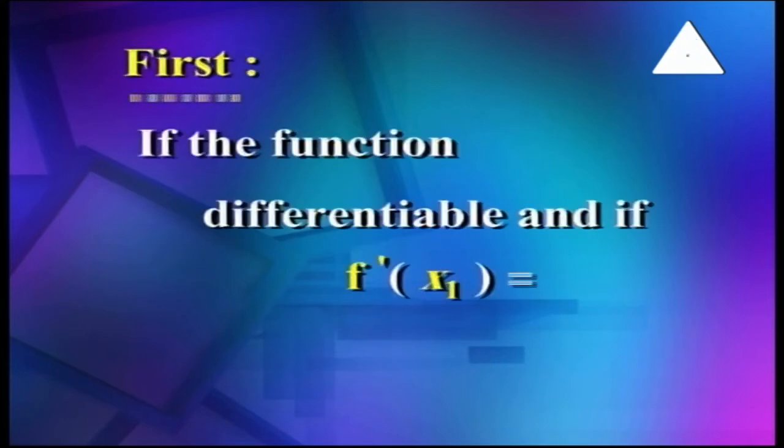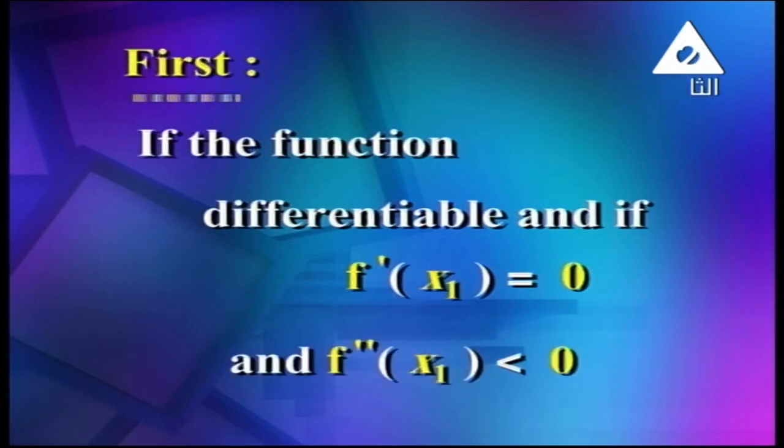Theorem 3. My dear student, if the function is differentiable and f dash of x1 equals 0 and f double dash of x1, where x1 belongs to the interval, is smaller than 0, my dear student, this theorem is very important.